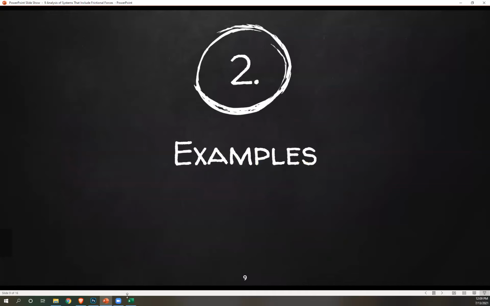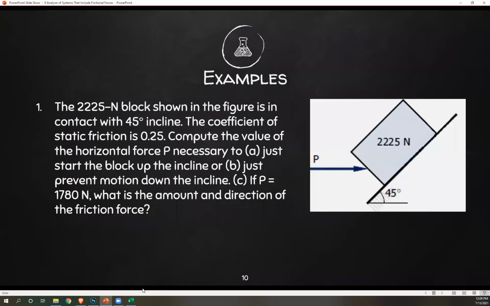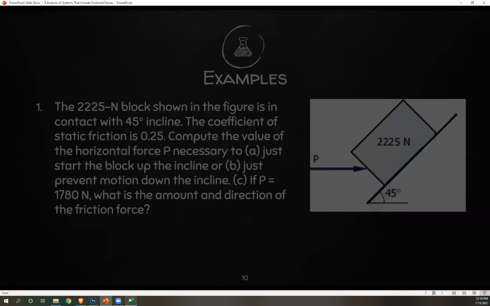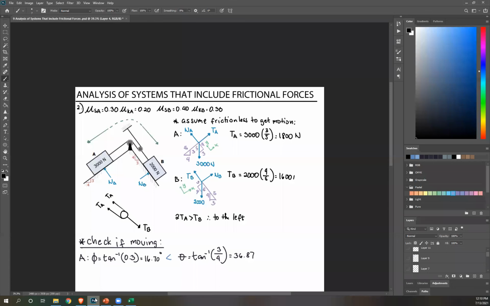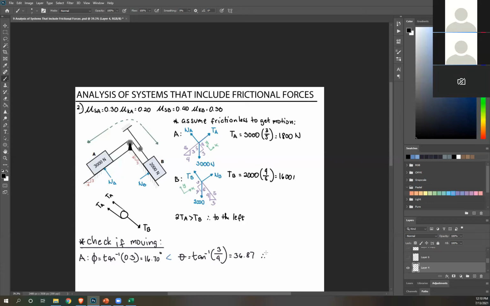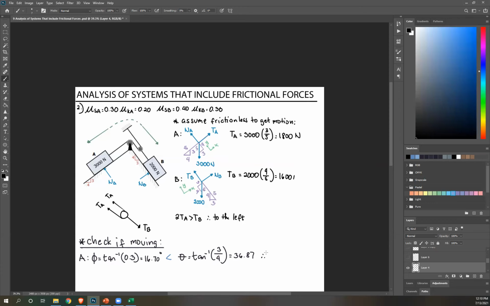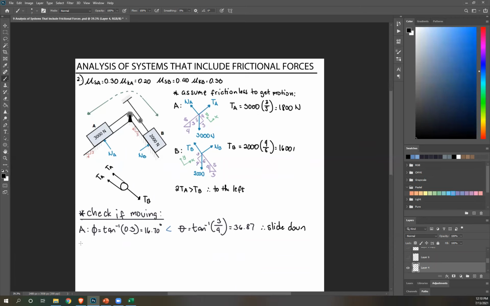So now we've checked that block A is indeed moving, therefore sliding down. Now we need to check, is the force generated by block A enough to overcome the friction in block B? Now the solution for this isn't as simple as block A.